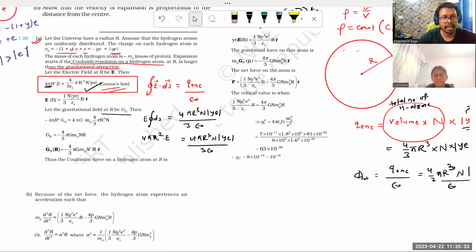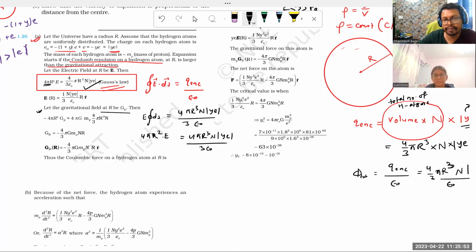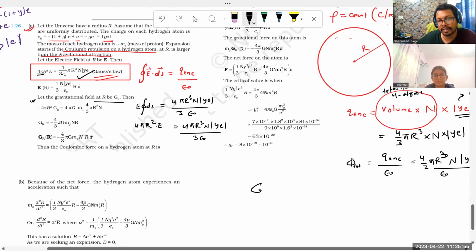Yes, sir. And then you calculate the gravitational force. You can apply Gauss law on this thing as well, exactly the same way. But in this case, gravitational field is defined like this.